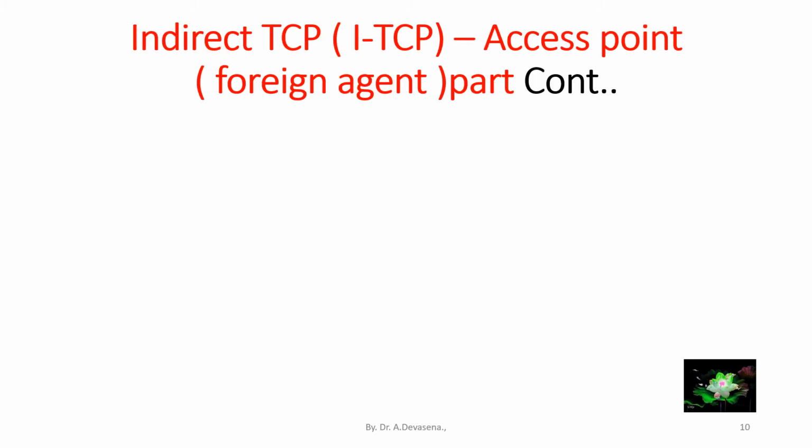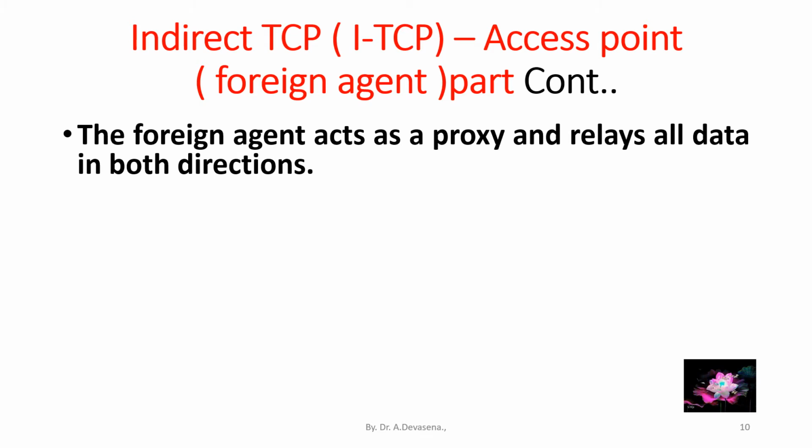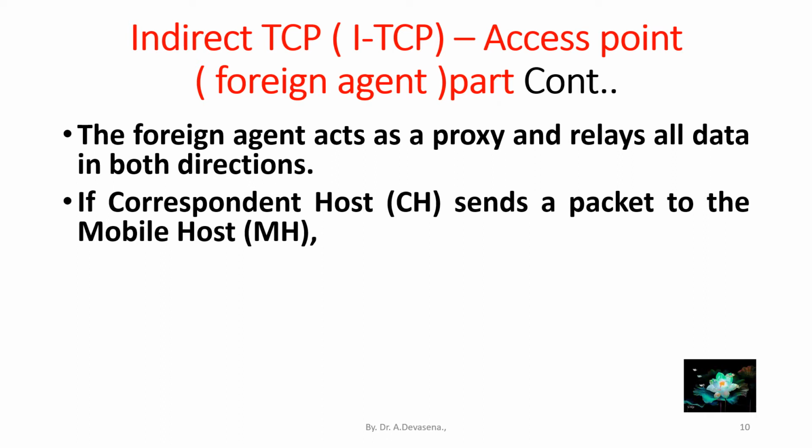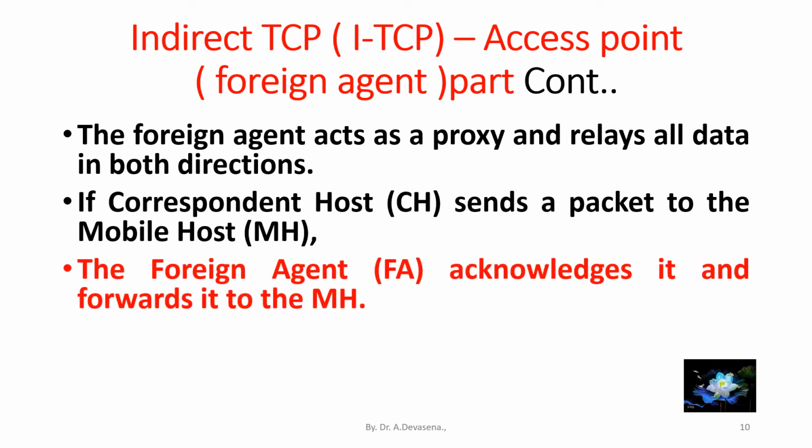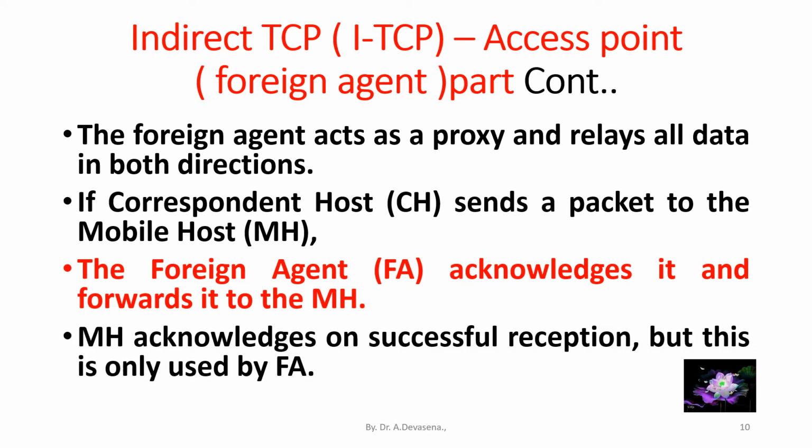The foreign agent acts as a proxy and relays all data in both directions. If correspondent host, that is CH, sends a packet to the mobile host, that is MH, the foreign agent FA acknowledges it and forwards it to the MH.